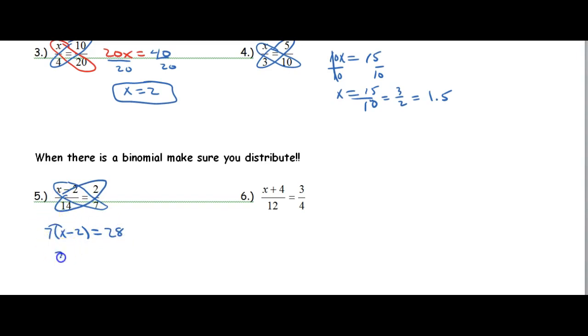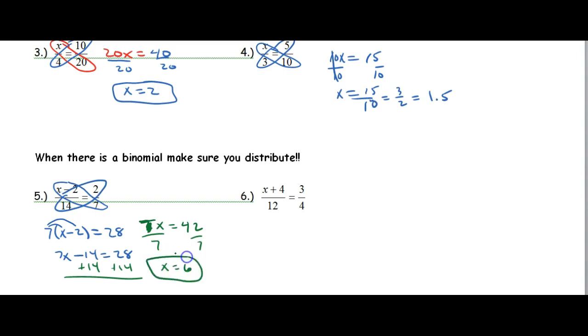So 7 times x is 7x. 7 times negative 2 is minus 14 equals 28. Now I can go ahead and solve for x. Add 14, add 14. You get 7x equals 42. And now when you divide by 7, you get x is equal to 6.